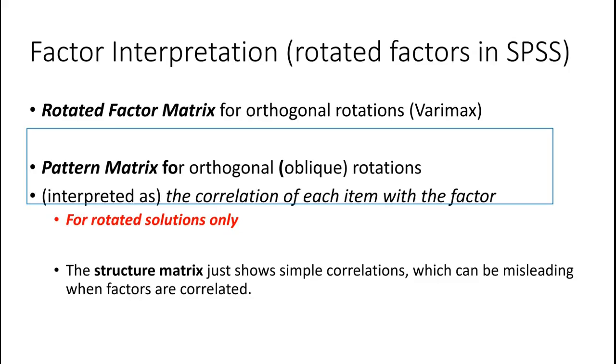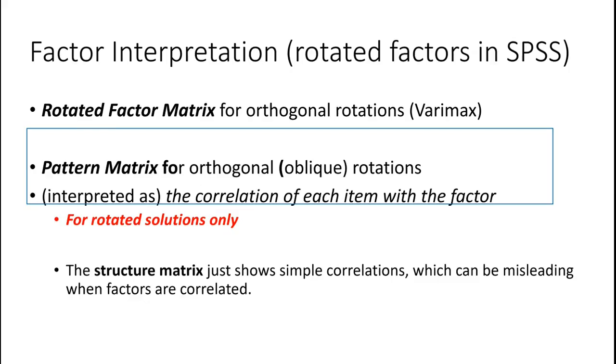Okay, so we said we were going to look at the pattern matrix for our non-orthogonal rotation, and we're going to interpret each entry in that pattern matrix as the correlation of the item with the factor. Let's just say that again. We're going to look at the pattern matrix in our results, and interpret the values as the item level correlation with the factors.